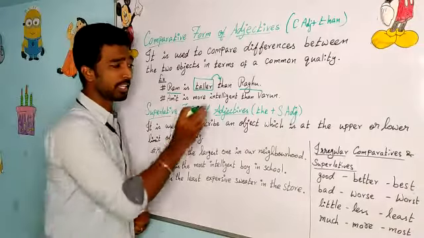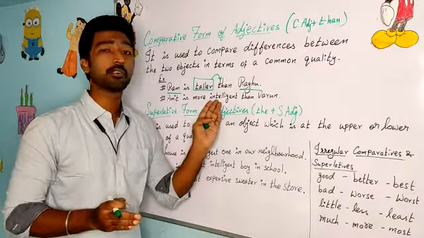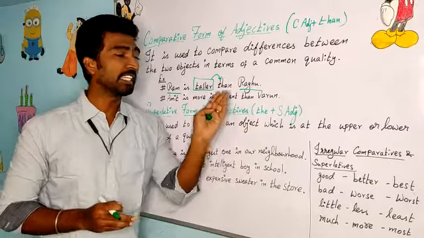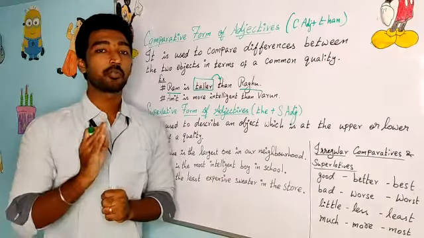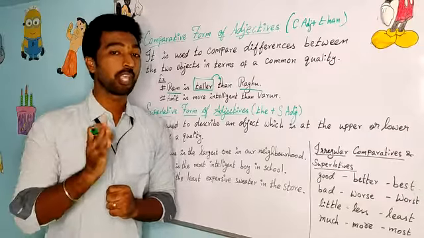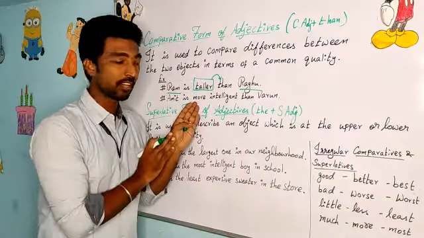Here I haven't added er to intelligent because intelligent is a word which has four syllables, more than three syllables. Intelligent. For words having more than three or four syllables, we have to use more instead of adding er.